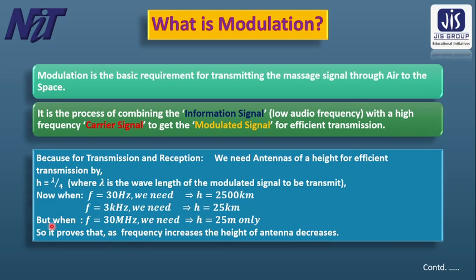When we further increase the frequency to 30 MHz, we need only 25 meters of antenna height. So it is proved that as frequency increases, the height of the antenna decreases.